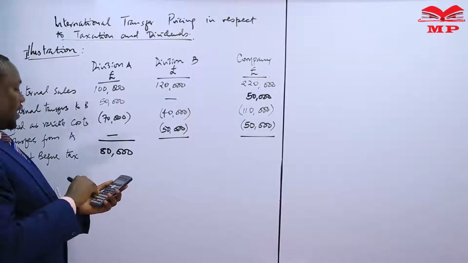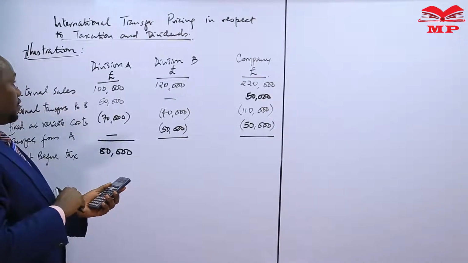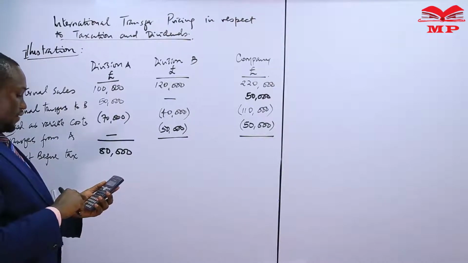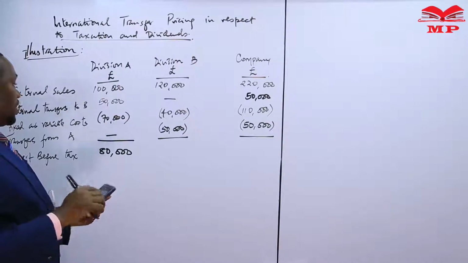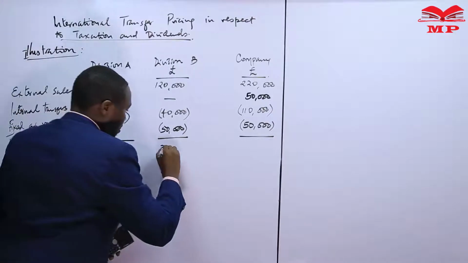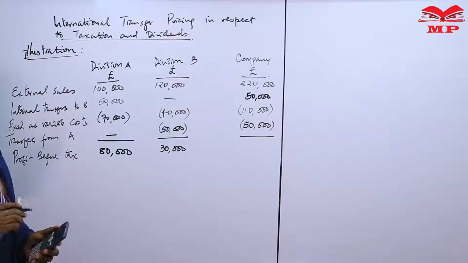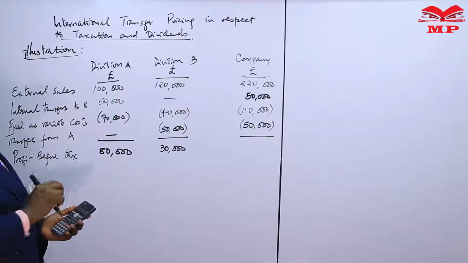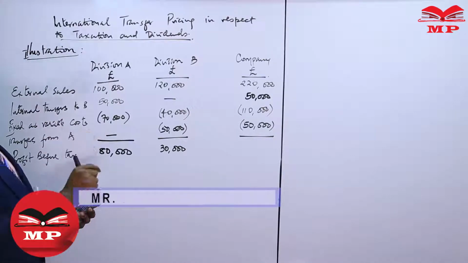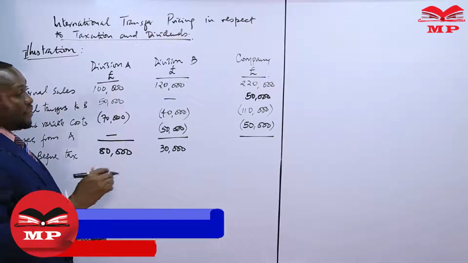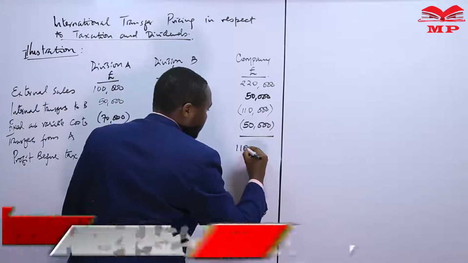The other one, I'm saying, 120,000 minus 40,000 minus 50,000 to give me 30,000. So therefore we can say that the profit before tax for the entire group is 30,000 plus 80,000, which will give me 110,000.